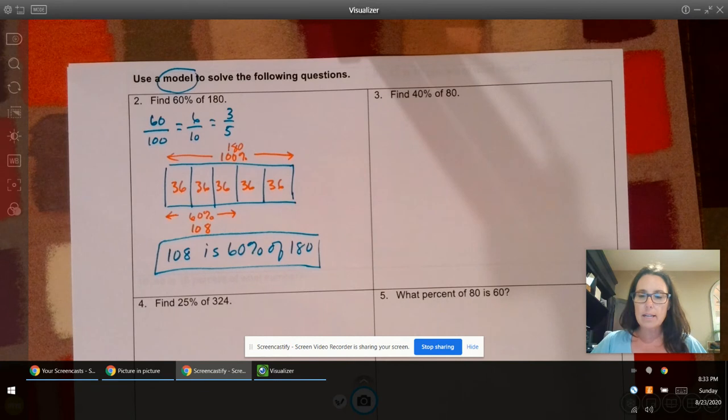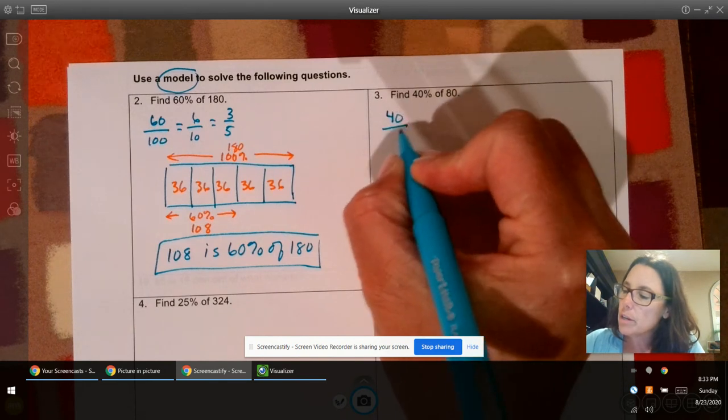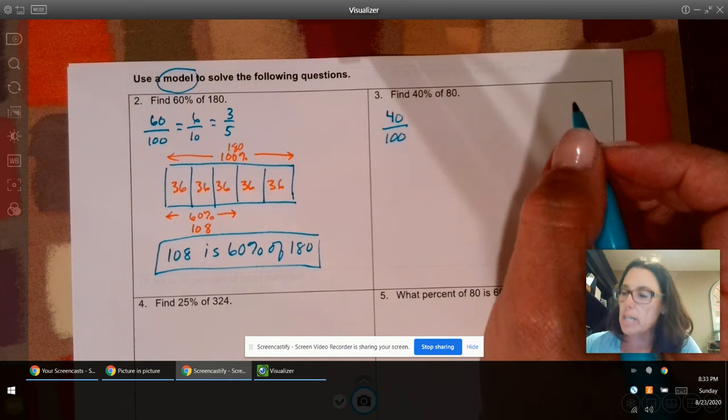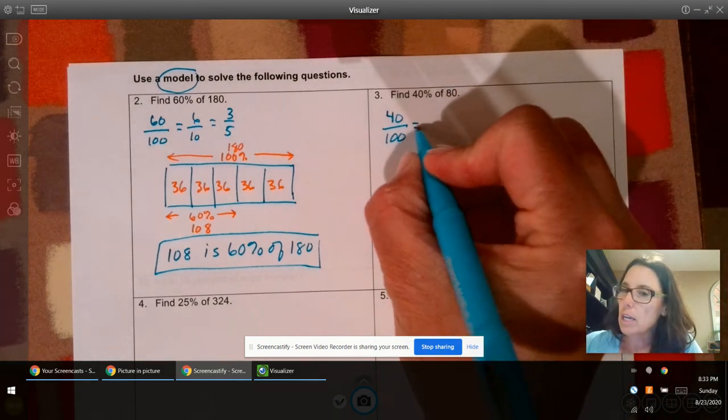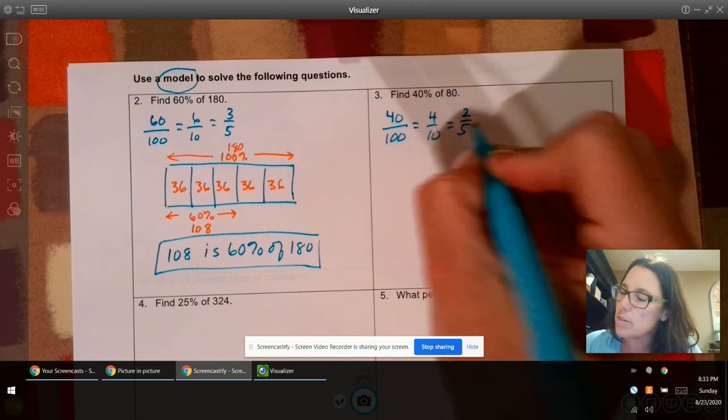Let's go ahead. Let's do number 3 together. Find 40% of 80. It's just like number 2, but the numbers are different. Same setup. Remember what I said, when you're given a percent, that's what you start with. 40 over 100. 40% is 40 hundredths. We're going to reduce that to 4 tenths, which reduces to 2 fifths.